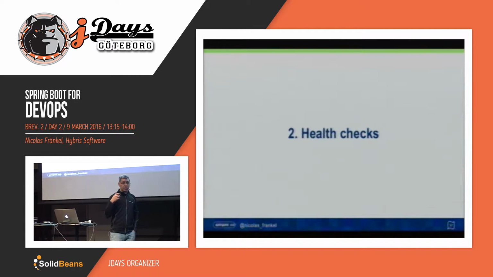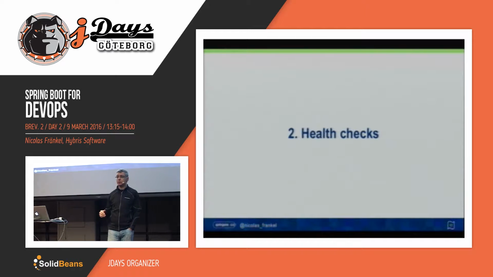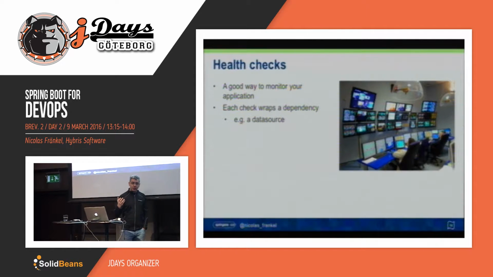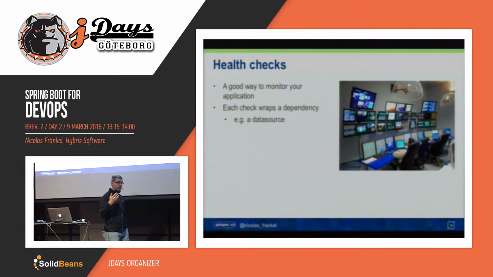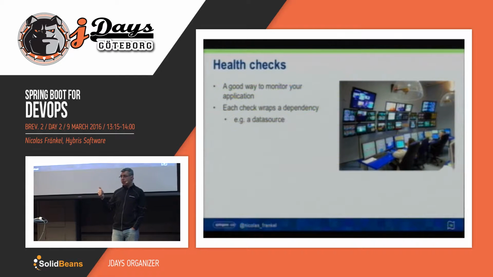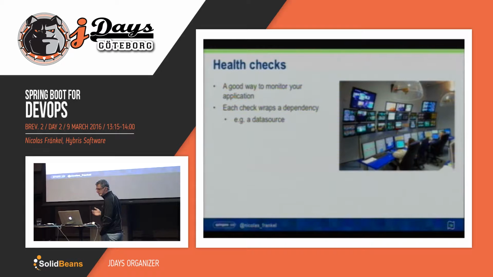And if those dependencies break, your application will be down. That's why they're called dependencies. So those health checks are a great way to monitor your application, because if those health checks are up, it doesn't mean that your application is up, but if those health checks are down, it means that your application is down. It's like a Bloom filter.